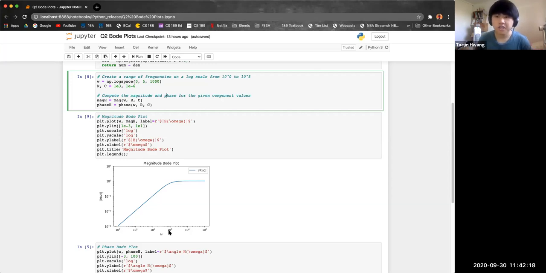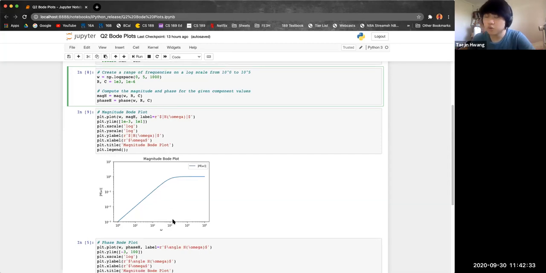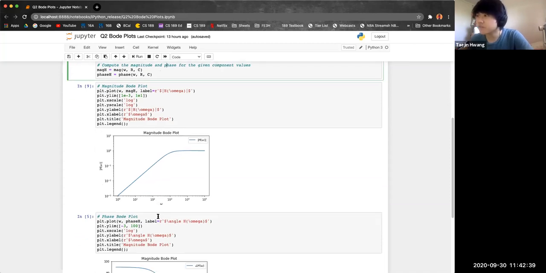It really is where things start to change in the plot. You might see how this plot is increasing with a slope of 1 on a log scale, but then it suddenly stops, and that's because this frequency is called a cutoff frequency. We'll investigate the meaning of this more in the later half of the discussion and on Monday.